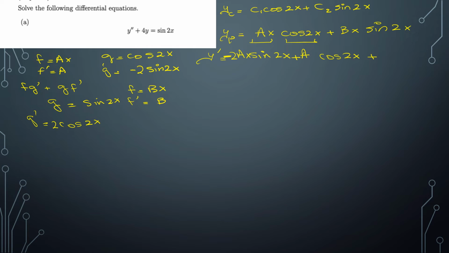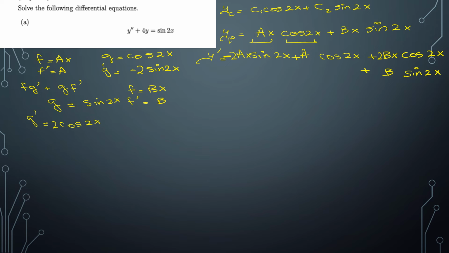So applying the product rule again, we will write f, that is bx, g prime, that is 2 cosine 2x, plus g, that is sine 2x, sorry, g is our sine 2x, and f prime is our b.